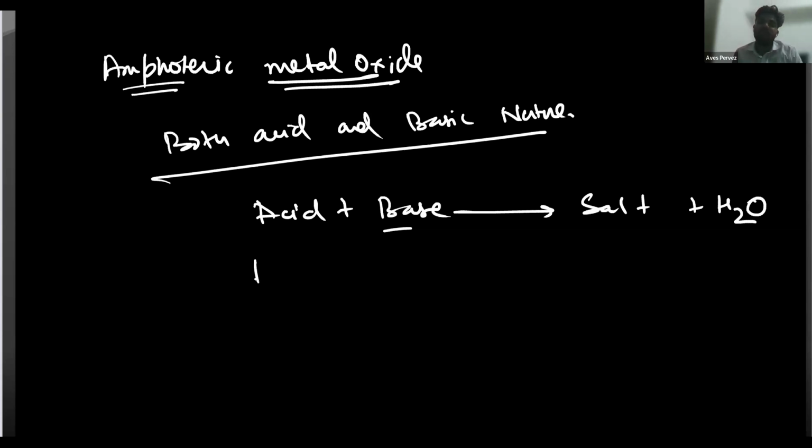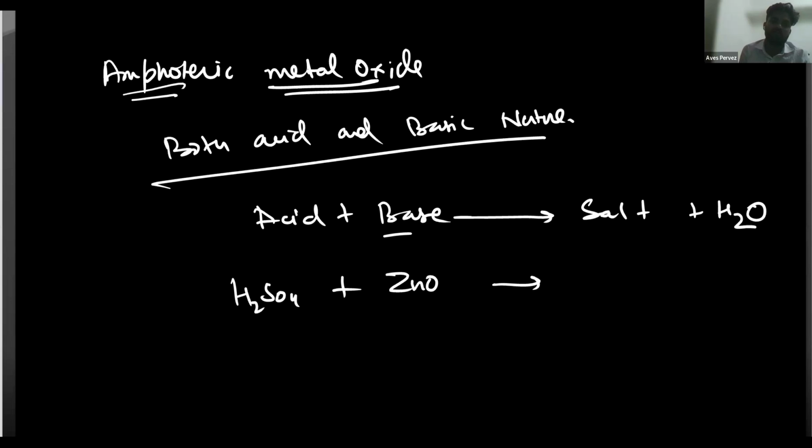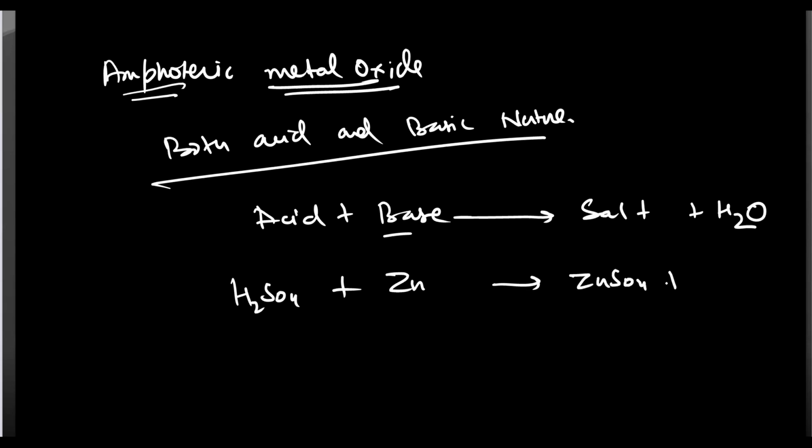So if I write H2SO4, sulfuric acid, H2SO4 when it reacts with Zn, what would happen? Tell me what product is formed here. Zinc sulfate, ZnSO4 plus H2, hydrogen gas, because this is acid and this is metal.